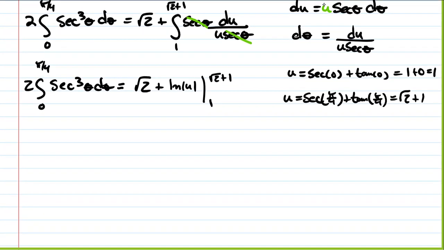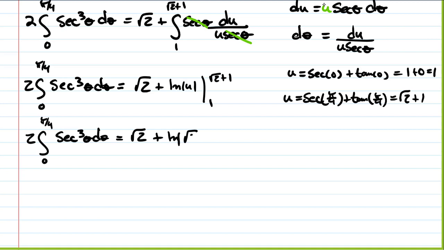So finally, we plug that in, and we get plus the natural logarithm of the square root of 2 plus 1 minus the natural logarithm of 1. And what's the natural logarithm of 1?